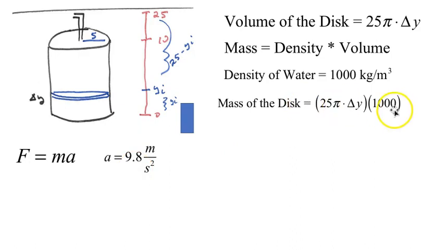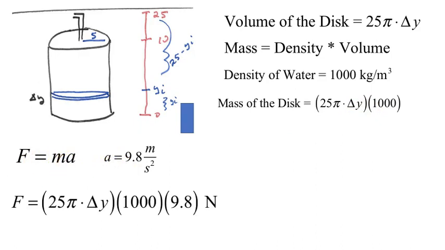So I can convert mass into force by multiplying by acceleration. So the force is this mass, 25 pi delta y times 1,000, times 9.8. And our units, kilograms times meters per second squared, is a Newton, if you want to keep that straight.